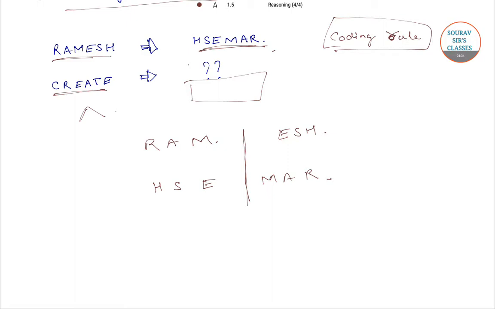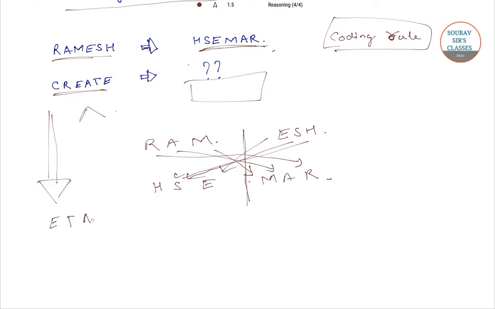Here we can see that this M is written here, A is going here, R is here. Similarly, the next half is done here. So what is actually happening is we are writing the letters in reverse order. So create would be written as E T A E R C. So this is how create would be coded.